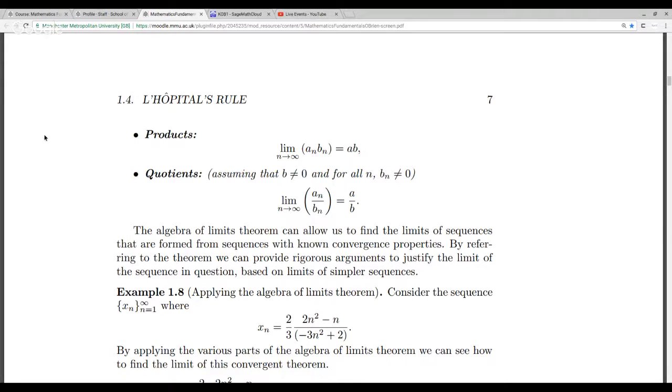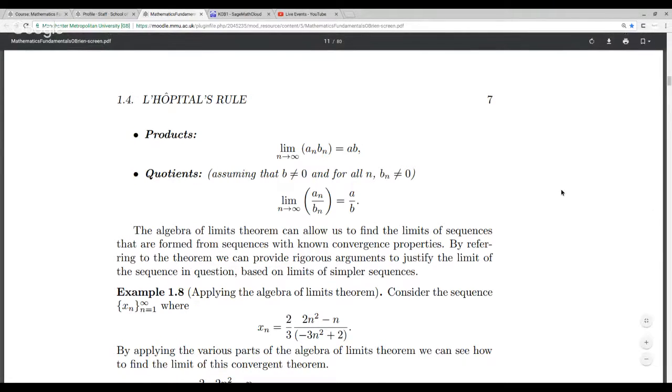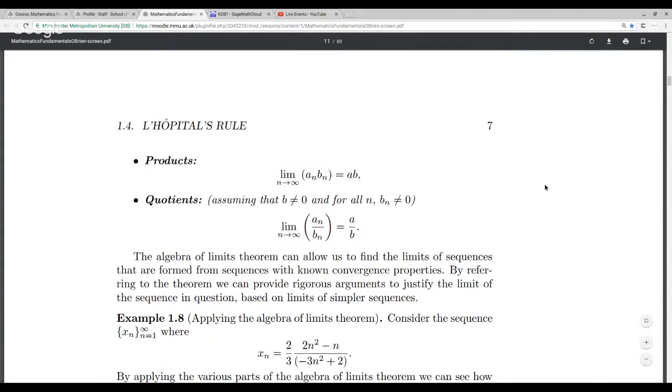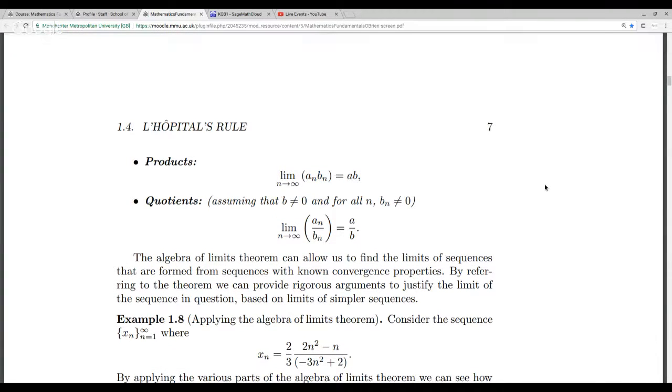So that algebra of limits theorem, and we'll be talking about it in detail, we'll be working through a proof of it, provides a very good linking of the operations of addition and multiplication and so on with this new concept of convergence. And it shows that convergence fits very well with the concepts of adding sequences together and multiplying sequences together. Forming new sequences using the operation of addition and forming new sequences using the operation of multiplication. So it's a very nice, pleasing result.